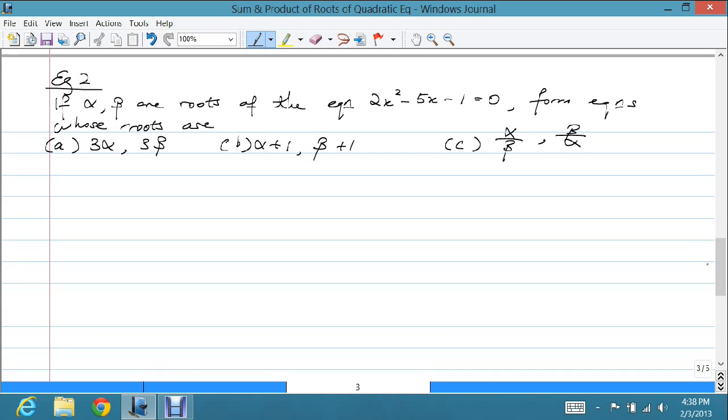Let's move on to the second example. This time round we're going to look at forming new equations from given equations with slightly different roots. So what do I mean?